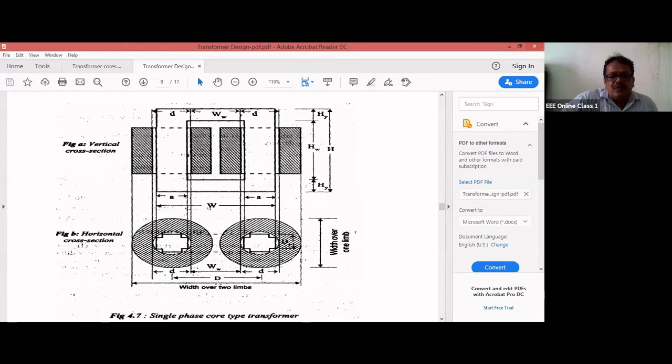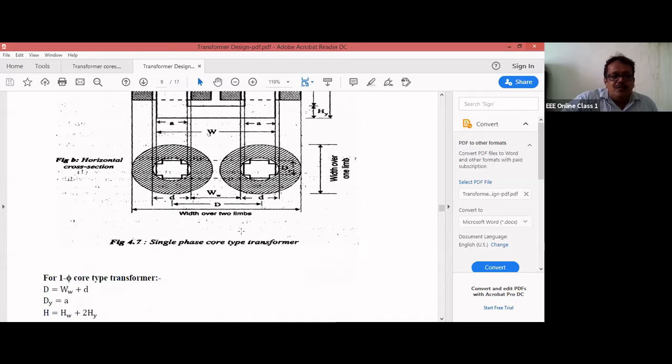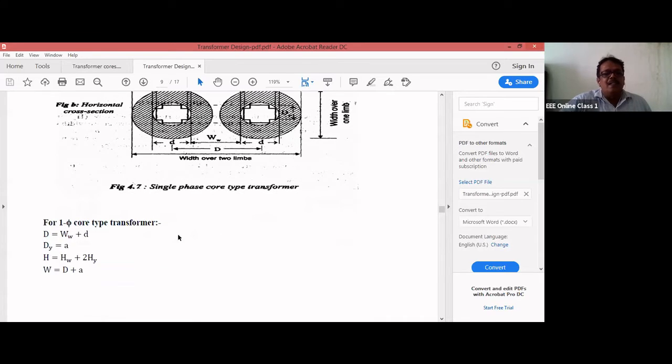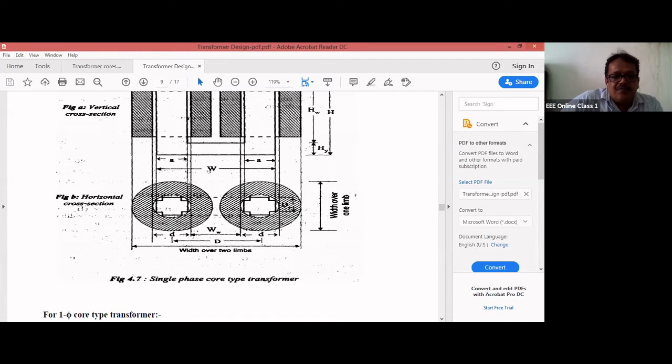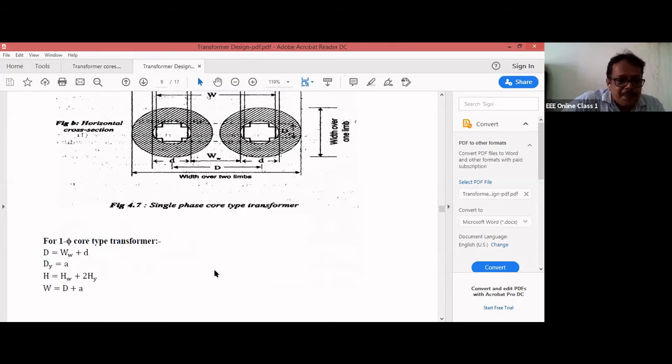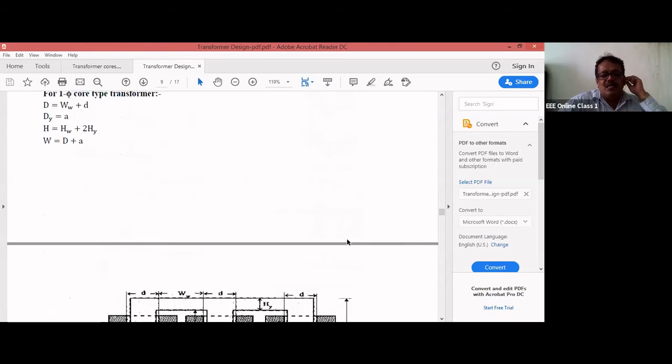So I can calculate D up to here. Then you get another half, which together will be full A. So W is equal to D plus A. This is D, halfway plus halfway, you get full A. That is for a single-phase core type.